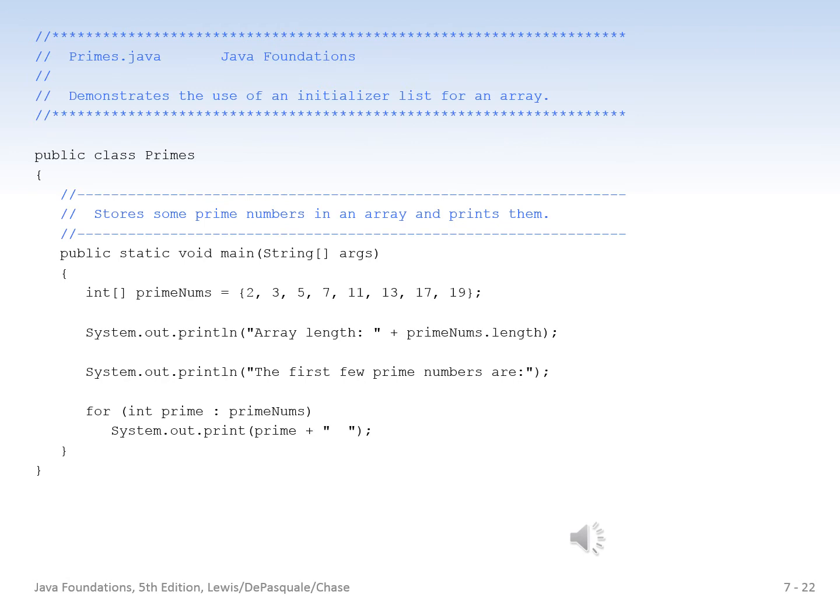I'm just going to leave this code here. I'm not going to run it in the compiler because it's such a simple example of a program that uses an initializer list for an array. And so here we're using an initializer list to declare an integer array object, and we're going to initialize it with 2, 3, 5, 7, 11, 13, 17, and 19.